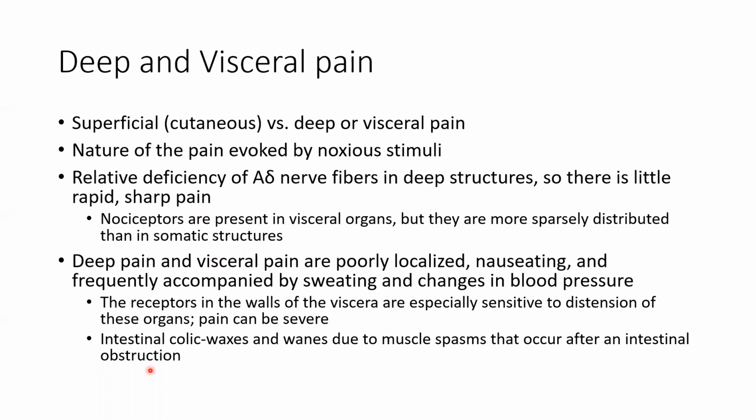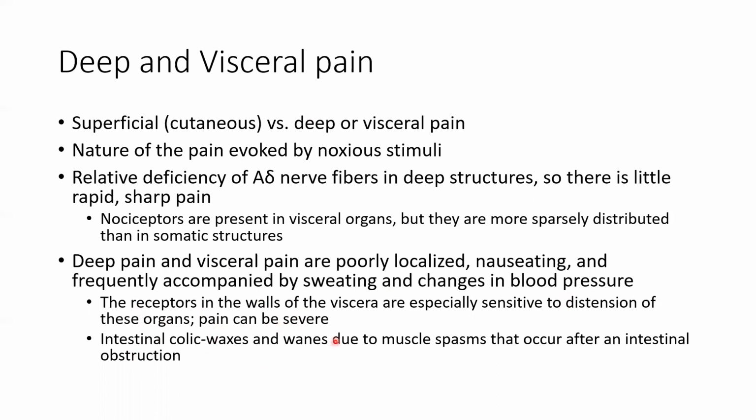Therefore, deep pain and visceral pain are usually poorly localized, and they are associated with nausea and frequently accompanied by sweating and changes in blood pressure, because the receptors in the walls of the viscera are especially sensitive to the distension of these organs, and therefore pain can be severe and prolonged. Usually when you talk about intestinal colic, that is what is characteristic of this pain.